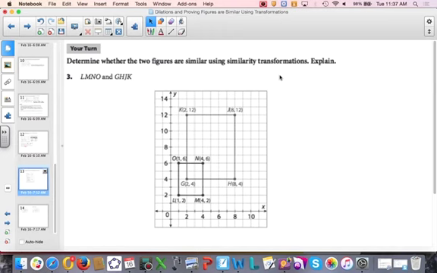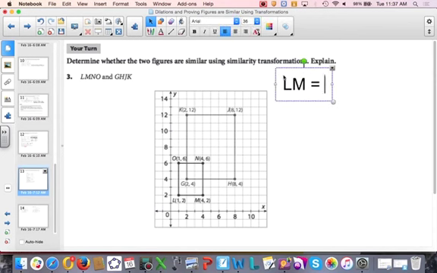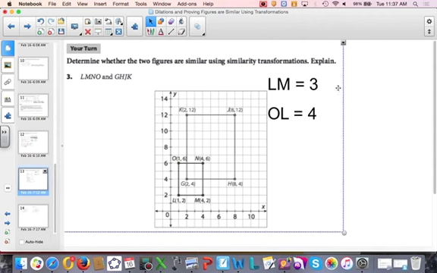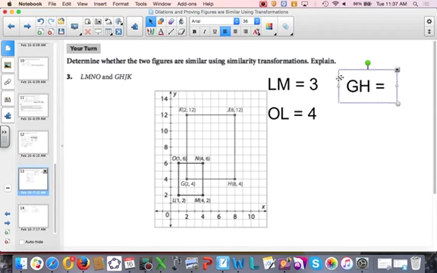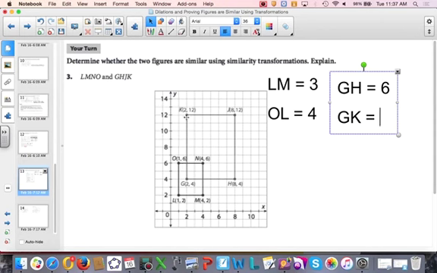Here, let's find the length of LM. It is 3. The length of OL is 4, compared to GH, which would correspond to LM. GH is 6 units long, and GK is 8 units long.